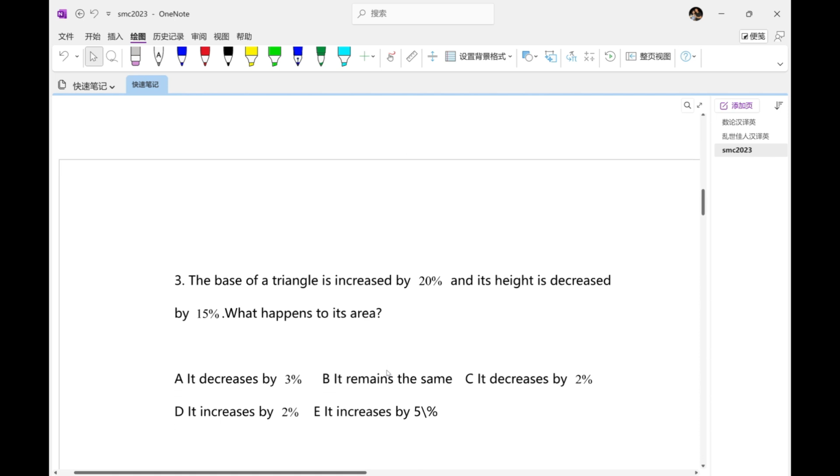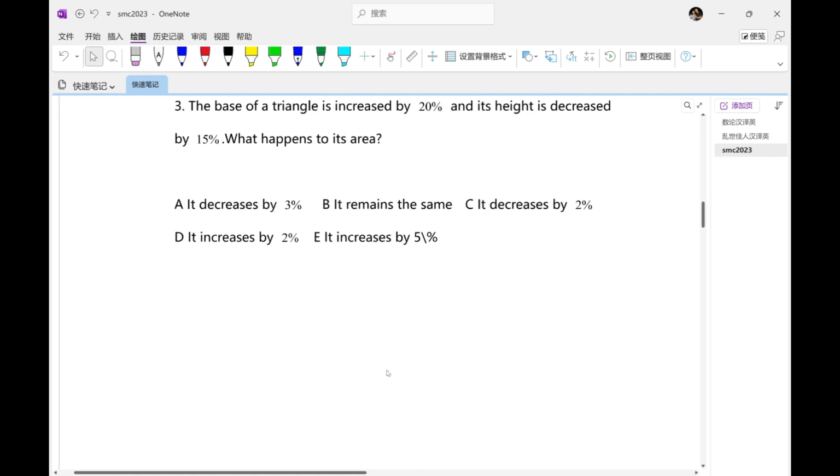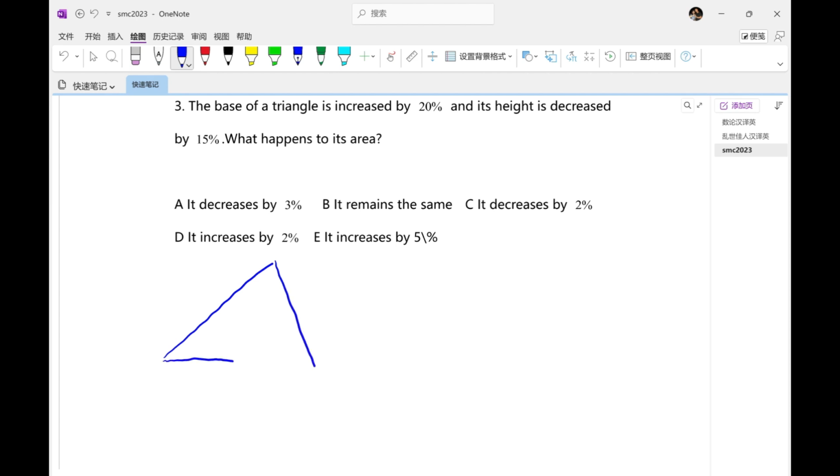Okay, let's go to the third question. The base of a triangle is increased by 20%. It didn't tell us what the triangle looks like, so we just draw an ordinary triangle ABC.